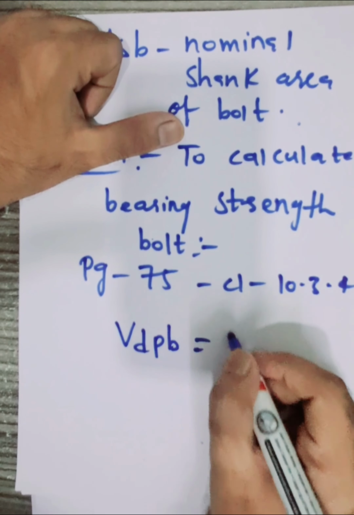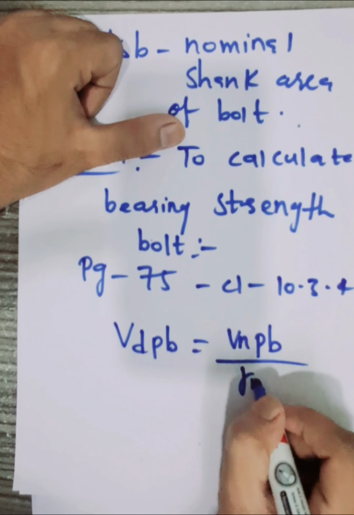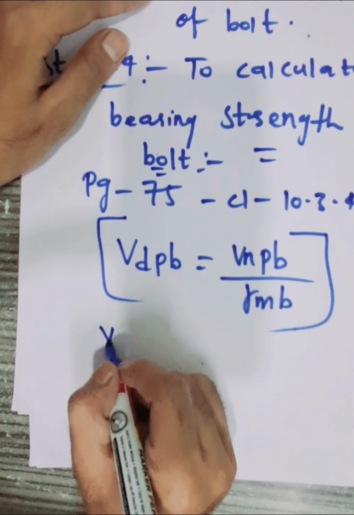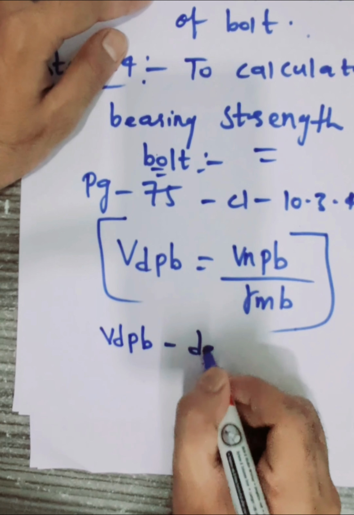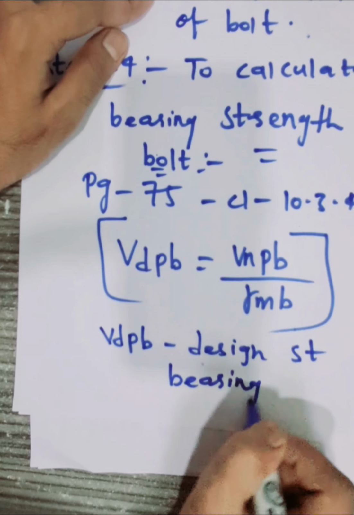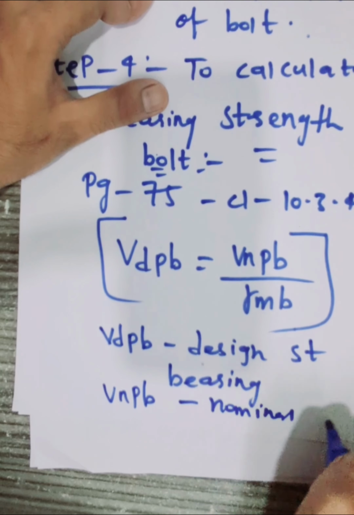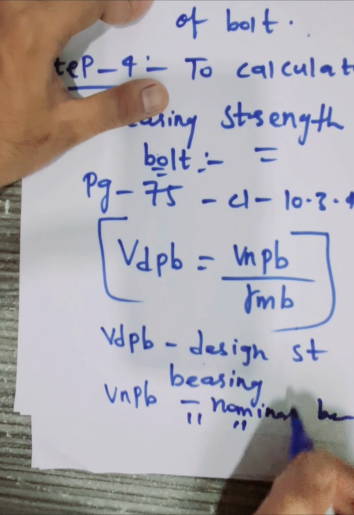VDPB is equal to VNPB divided by gamma MB, to find out the bearing strength. VDPB is the design bearing strength, and VNPB is the nominal bearing strength.